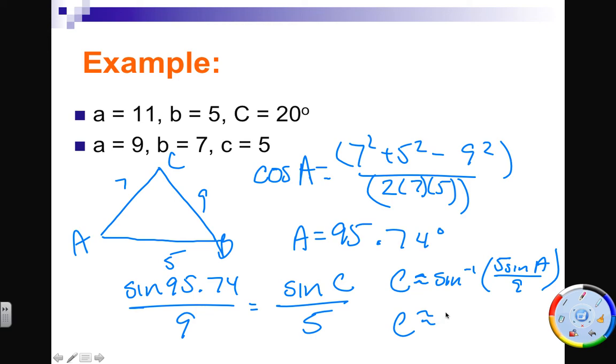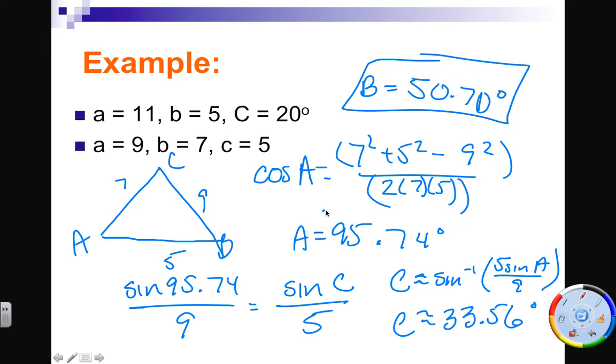C is 33.56. Then I'm going to do 180 minus answer minus A. And I get 50.71, so B is 50.71.